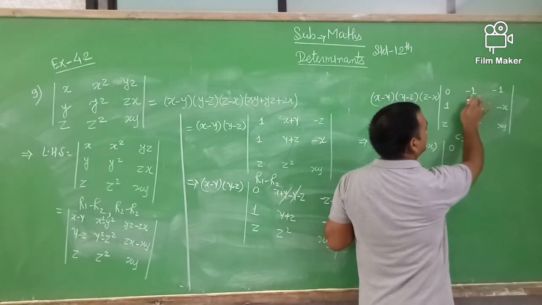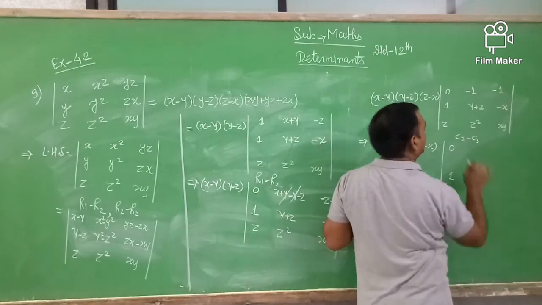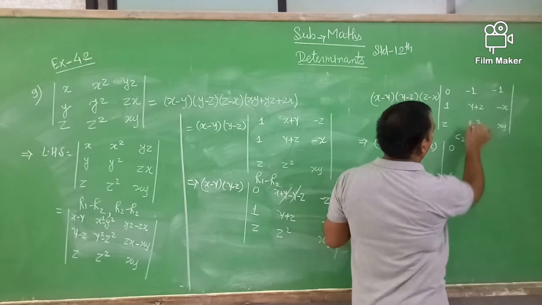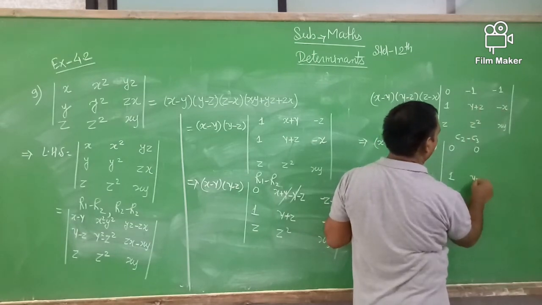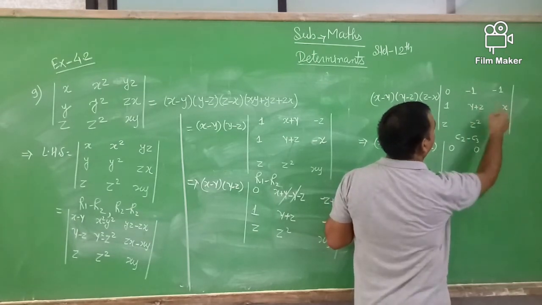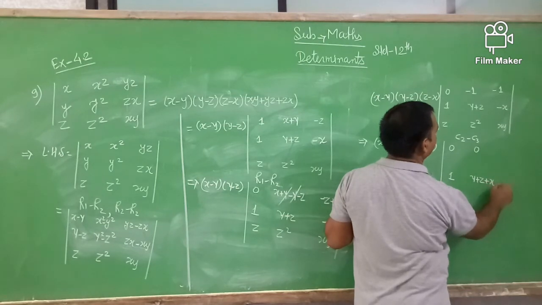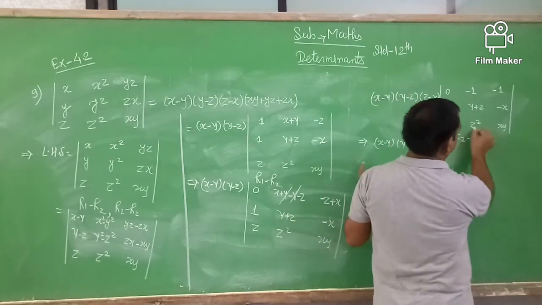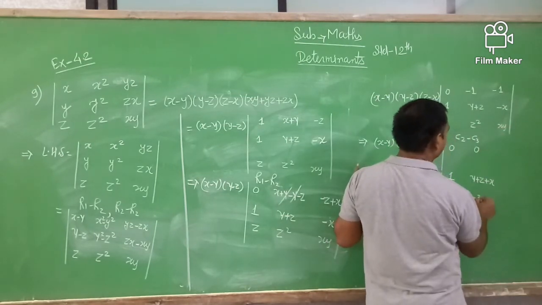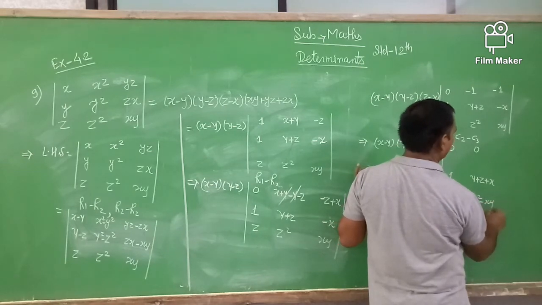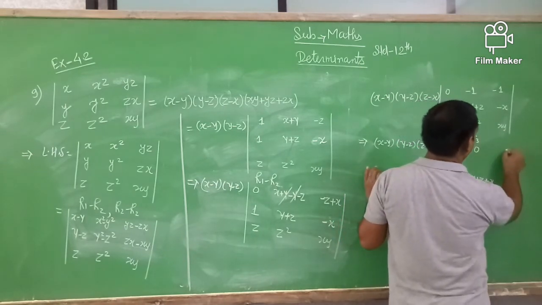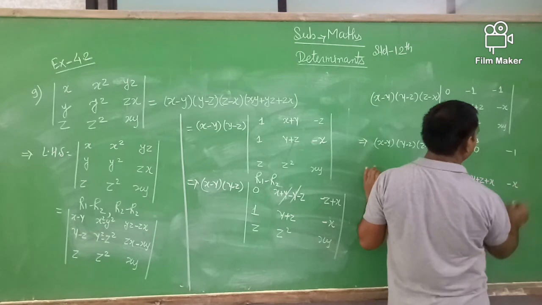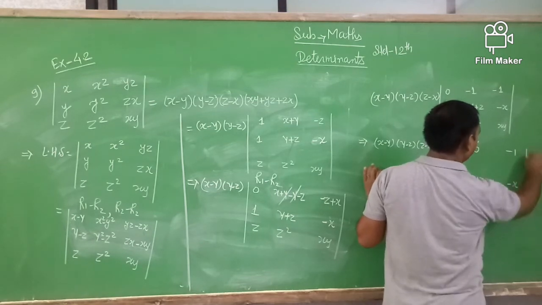This is minus 1, and minus 1 minus 1 is equal to 0. Y plus z, so this is y plus z, minus minus x, so plus x, and here z square and minus xy. Next it is the same, minus 1, minus x and xy.